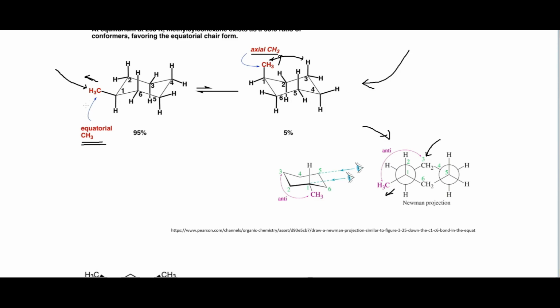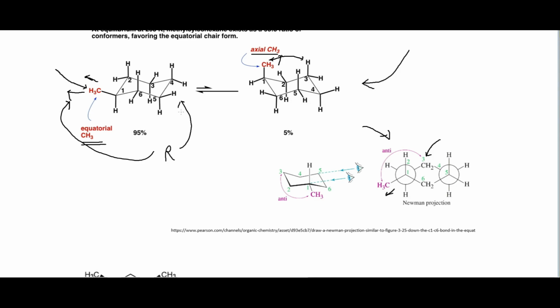Because when we start having these substituents on here, the substituents are going to have steric hindrance of approaching other molecules. So we have some other molecule here that say wants to react with this ring. If this substituent is sticking out this way, it's going to hinder anything from coming in from this direction. And so that's going to dictate the way that other molecules, when trying to react with it, approach these rings.